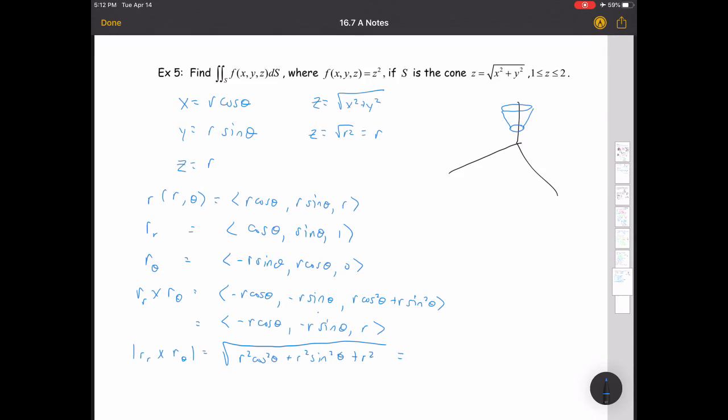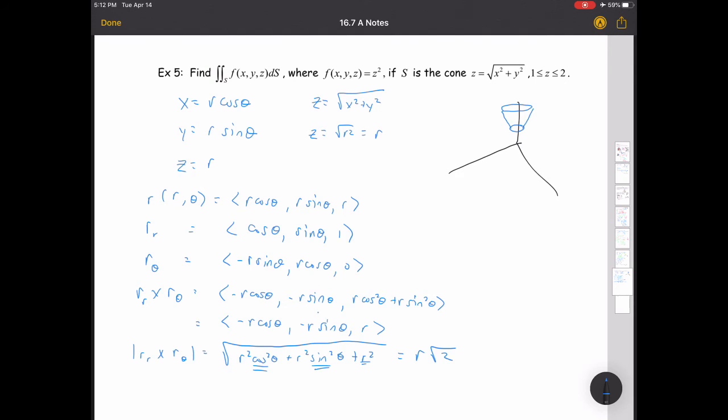And it looks to me like I can factor an r squared out of everything, and if I take the square root of that, it just becomes an r on the outside. Then I have a cosine squared plus sine squared plus a 1. So cosine squared plus sine squared itself is 1, plus the 1 left over from this r squared here, so that just gives me a square root of 2.